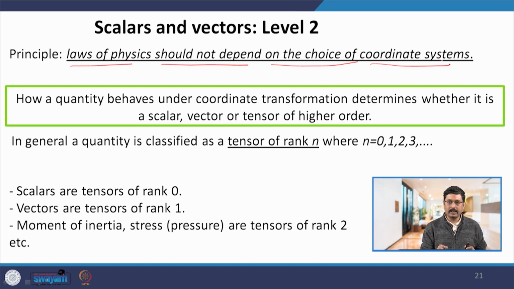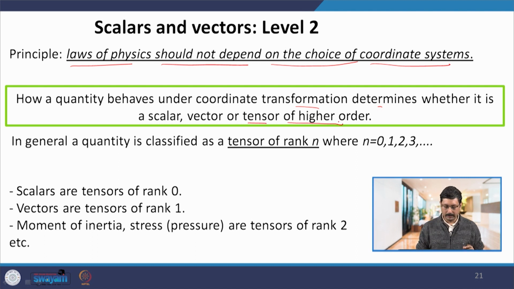How a quantity behaves under coordinate transformation determines whether it is a scalar or a vector or some more complicated object called tensor of higher order.